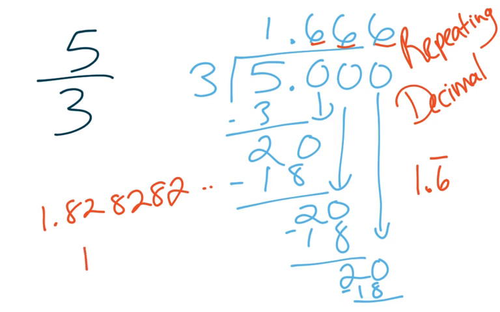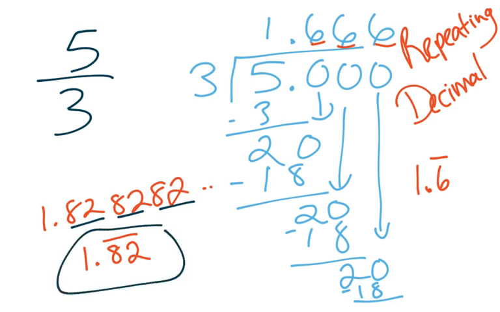For this one, you could write 1 82/100 with a bar that goes over the 8 and the 2, because that says the 8 and the 2 are going to keep repeating over and over again. And that is a way to write your final answers without having to write the same digit over and over again. So this only applies if you're seeing the same pattern in your decimal answer.